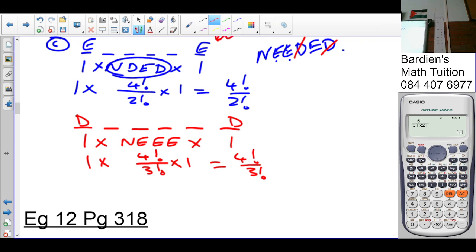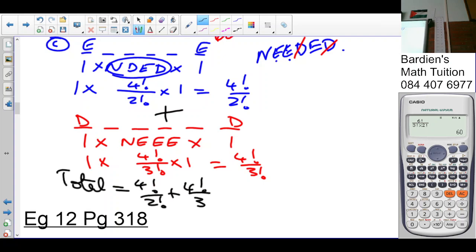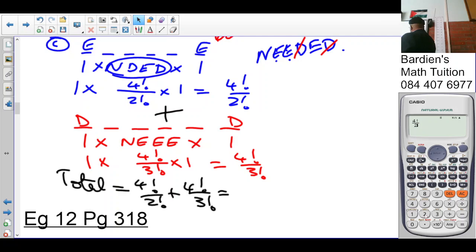So together we add them, not so? So your total is going to be 4 factorial over 2 factorial plus 4 factorial over 3 factorial, which gives us an answer of 16.